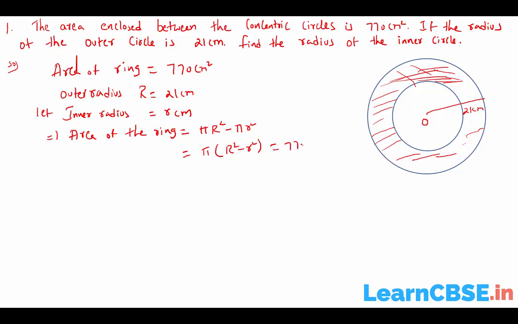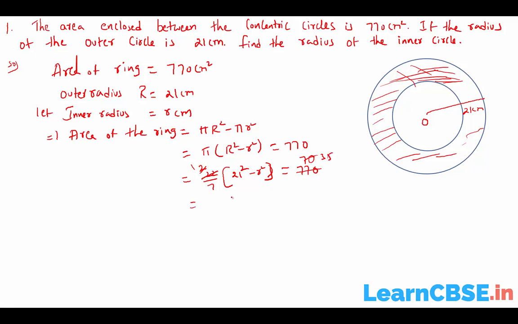That should be equal to 770. So 22 by 7, capital R is given as 21 square, 21 square minus small r square equals 770. Now 11 twos, 7 elevens... 22 by 7 goes into 770 as 35 times 7.